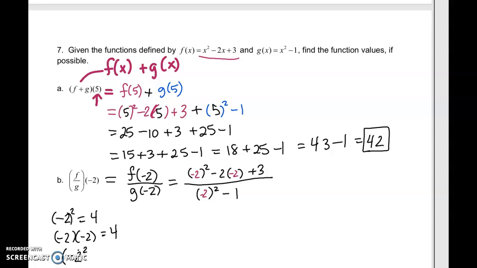You have to make sure you put in the parentheses because it's that whole thing that's squared, not just the 2. So we'll end up with 4 plus 3 in the numerator, and in the denominator 4 minus 1. So in the numerator I end up with 11, and in the denominator 3. So my answer here, you should have got 11 over 3.